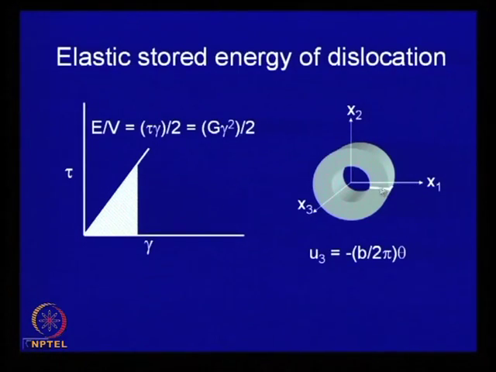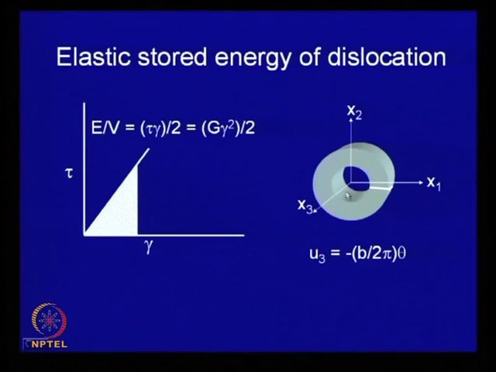Therefore, there will be an elastic stress field surrounding this defect. In fact, this hollow area is where the defect is located, and the reason we consider it hollow is that you can find the stress field only if the deformation is elastic, and within this core Hooke's law will no longer be valid.